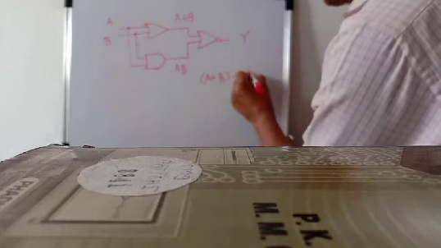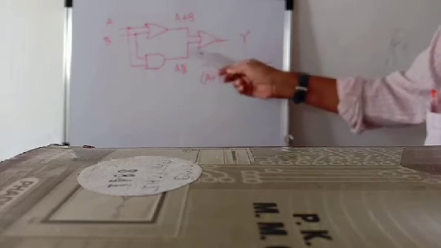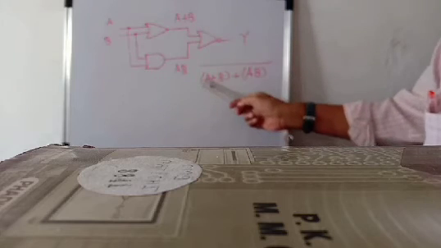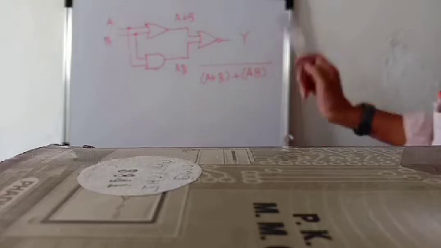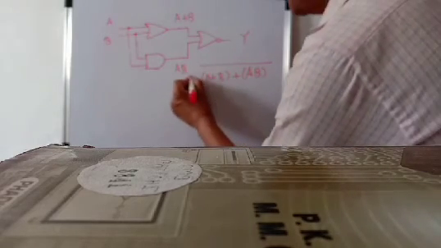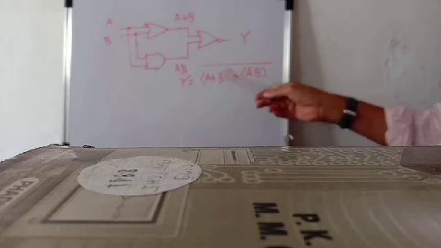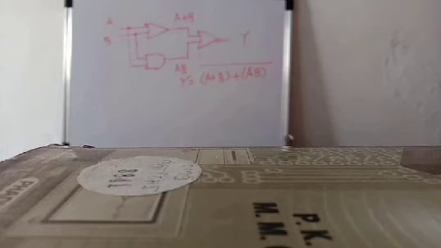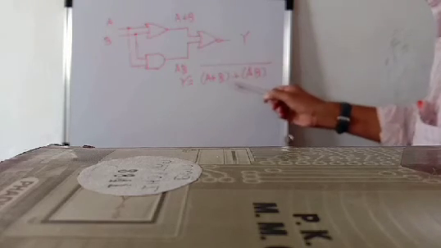Because this is a NOR gate, Y is equal to A plus B plus AB whole bar.